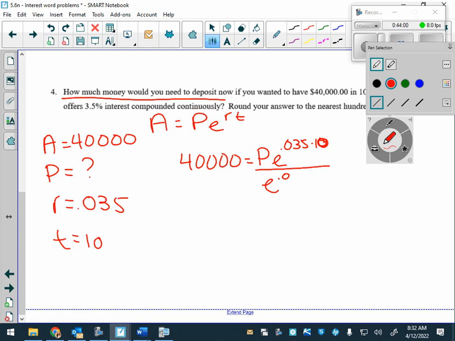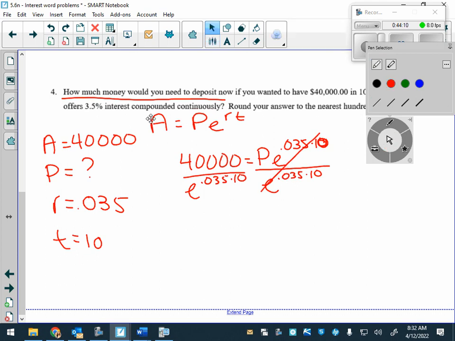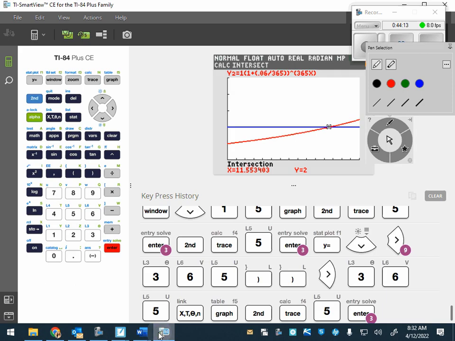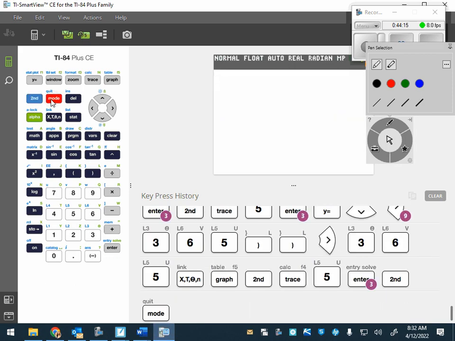E to the 0.035 times 10. Okay, divide on both sides. So we could do what Rory said, and second quit.